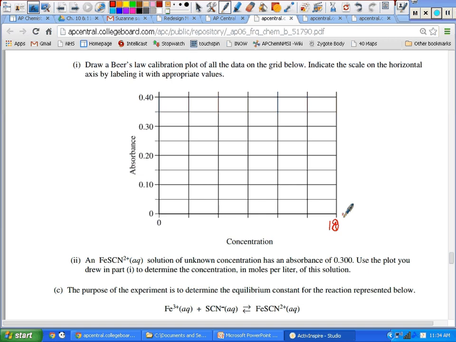To me personally, what I would do is I would say concentration and then times 10 to the negative fourth moles per liter. Why would I do that? That way they know all of those numbers are applied to that. That way you don't have to write times 10 to the negative fourth on every single one of them. That is appropriate. Does that confuse anybody? Basically, I'm just saying 18 is times 10 to the negative fourth.